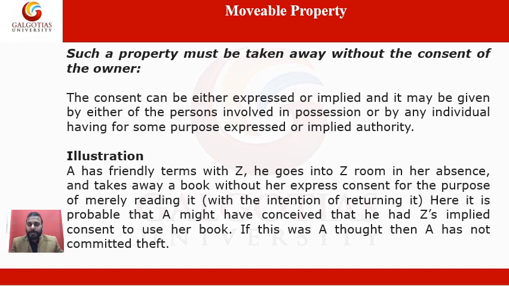If suppose I am just nodding my neck, it means I have given you permission impliedly, no need to be express. In this category also consent was there, so no theft will be there ultimately. So if you want to prove any charge of theft, you have to prove that both consents are absent.